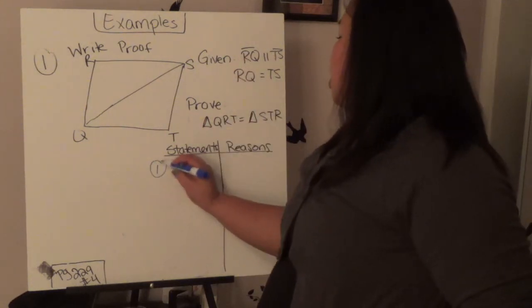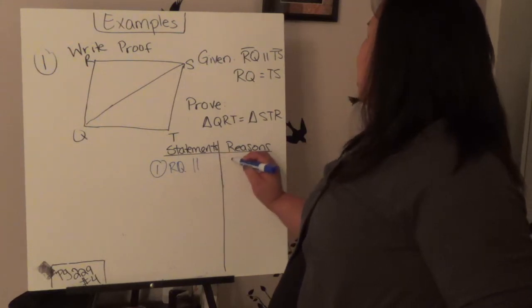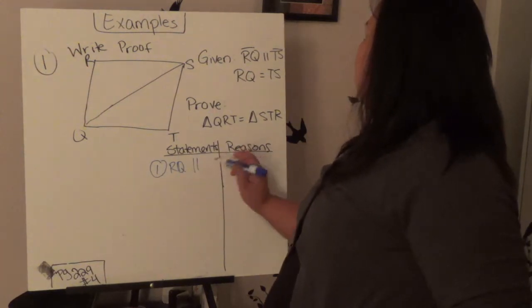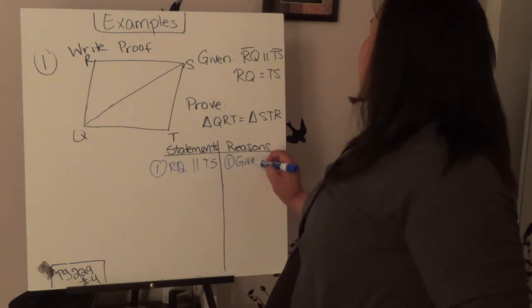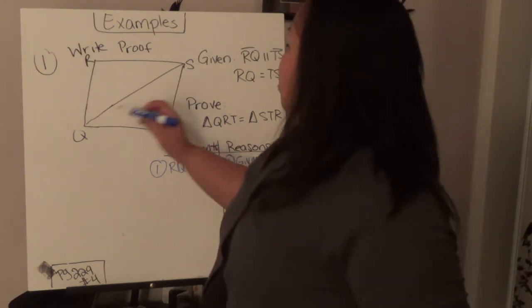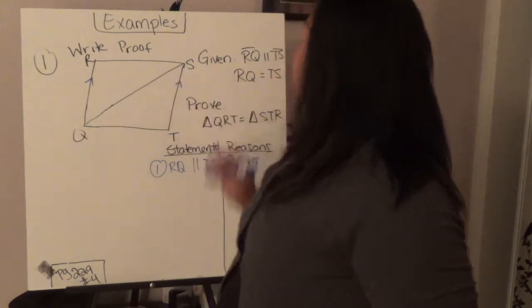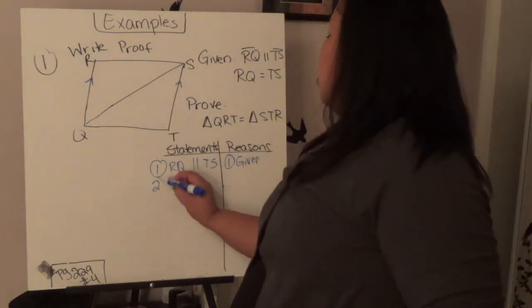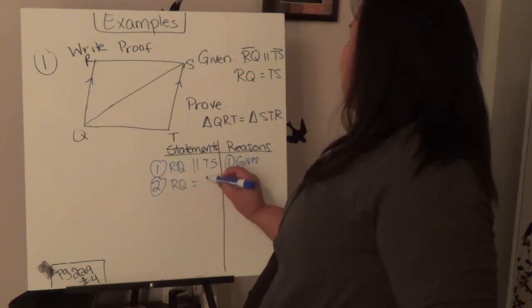The first given says that RQ is parallel to TS. So that tells me that RQ is parallel to TS. It also tells me that RQ equals TS.